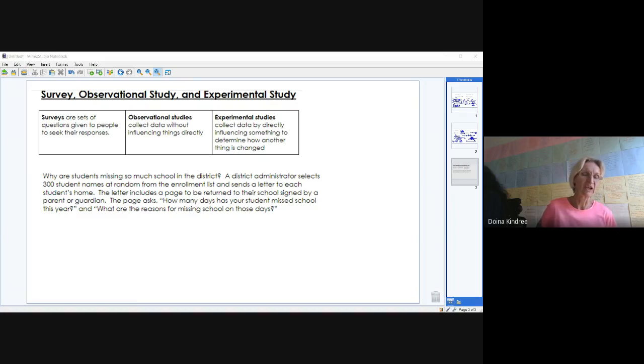So you could have done it by using a survey method. You would have stayed in the hallways of the high school and at random asked questions to whatever students you would like. Of course, there are different ways to do the study, but with the survey, you just ask the questions as the people come by.